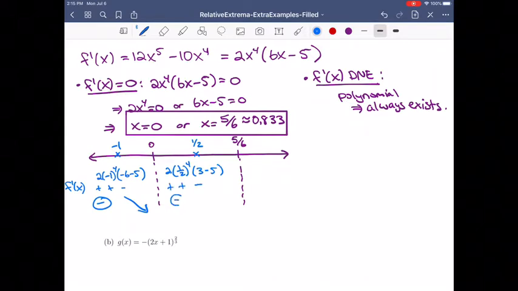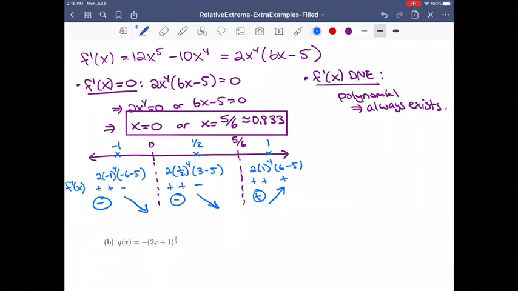So this interval has a negative derivative, which means that it's still decreasing. Something bigger than 5 over 6, I could pick 1. That's going to be 2 times 1 to the power 4 times 6 minus 5. So it's a positive and a positive. So here I'm going to get a positive, which means that I am increasing in that interval.